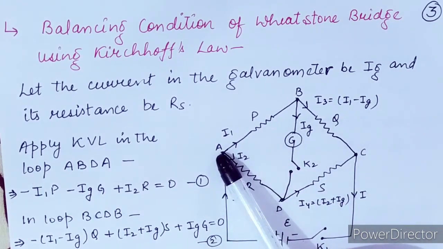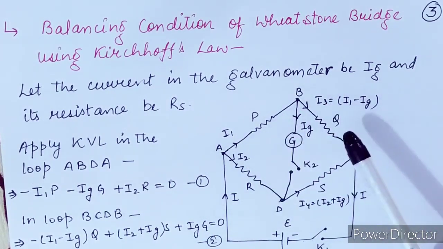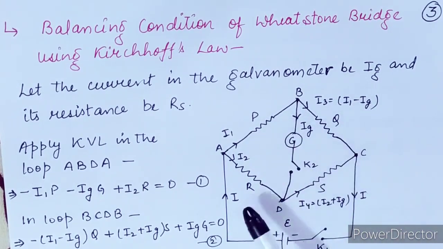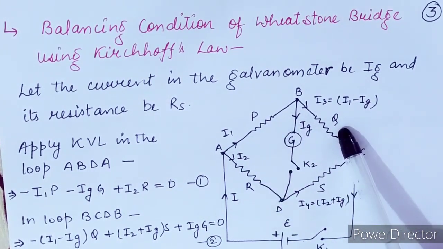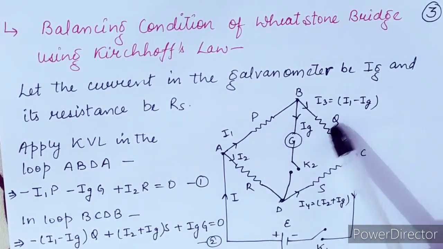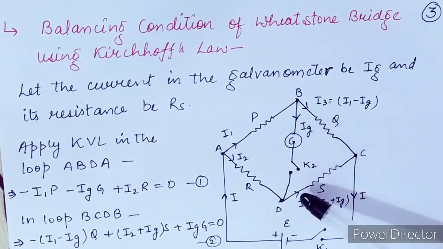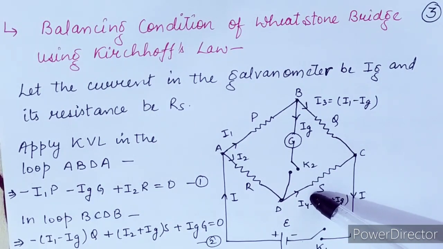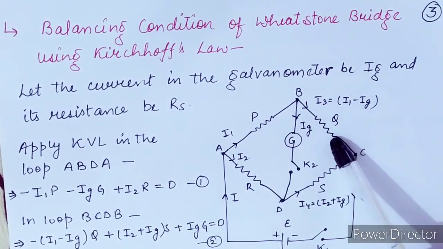Now there are four resistances: P, Q, R, S. P and Q are in series combination, R and S are in series combination, and these two series combinations are connected in parallel to each other. P and Q are termed the ratio arms.